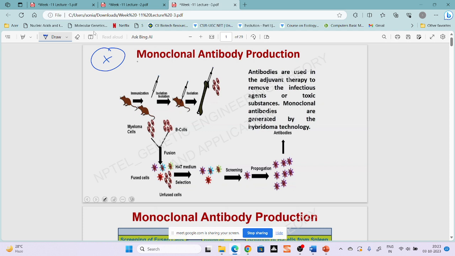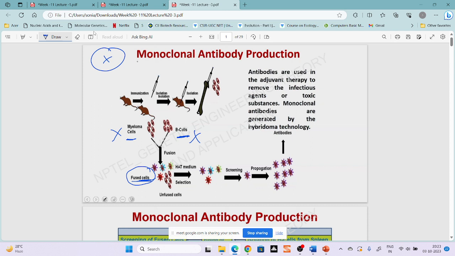Because when I fuse these B cells with the myeloma cells, I will have some cells which are just myeloma cells, some which are just B cells, and some which are fused cells. I don't want just B cells or just myeloma cells; I want fused cells.